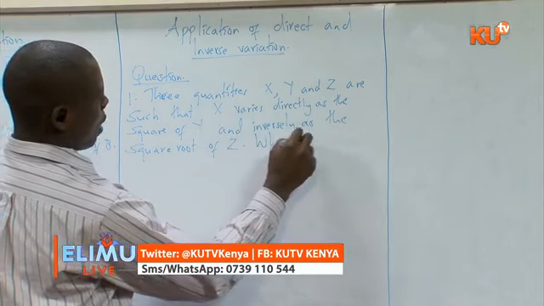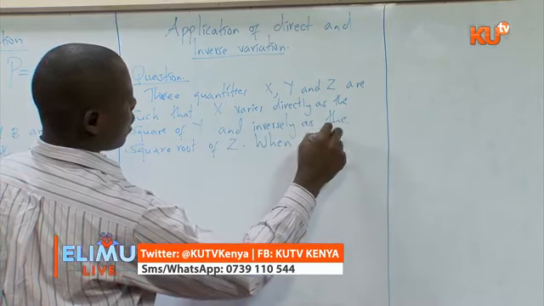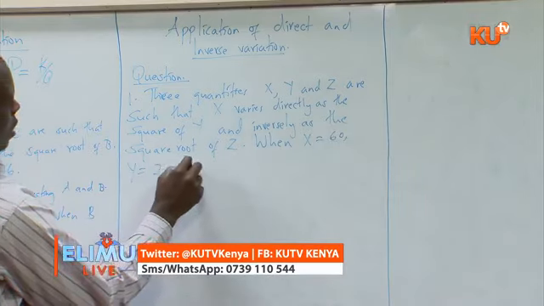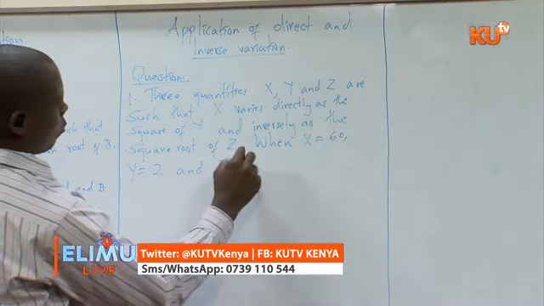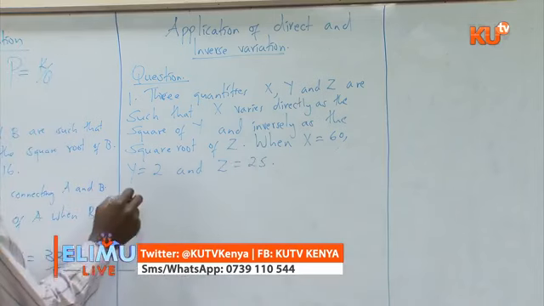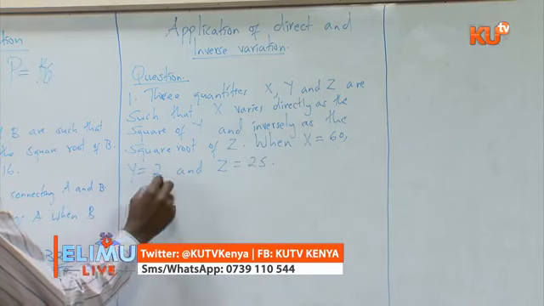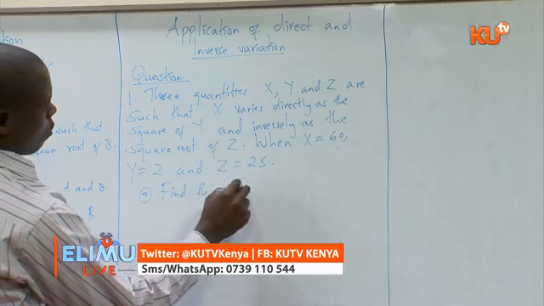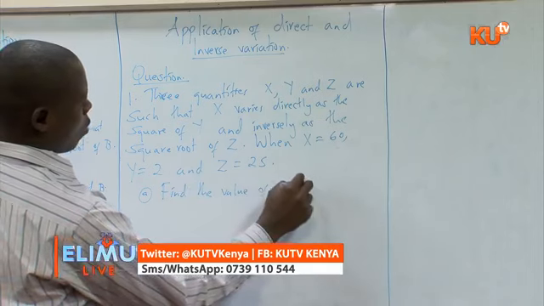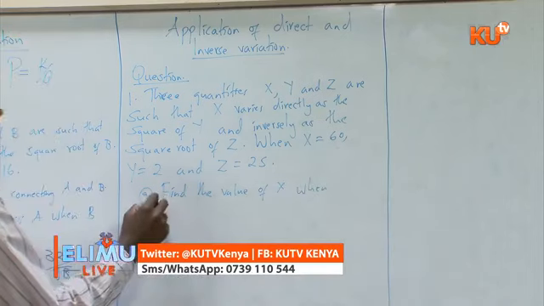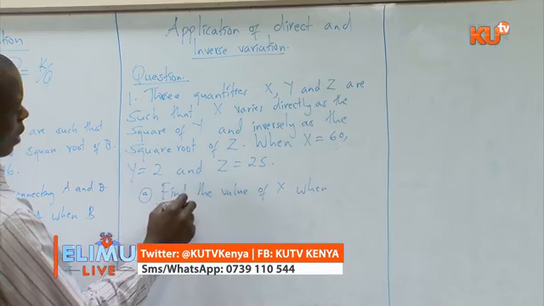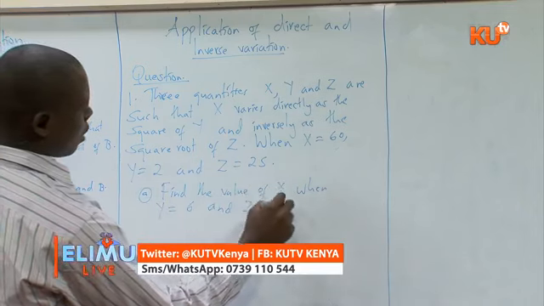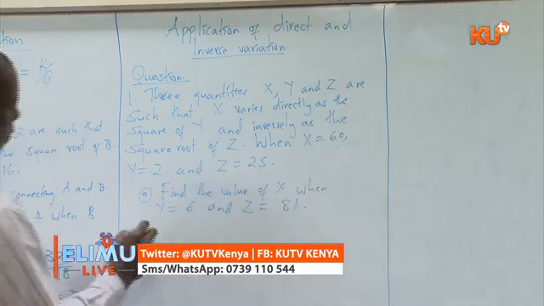You're told when x is 60, y is 2, and z is 25. Part A of the question is find the value of x when y is 6 and z is 81.